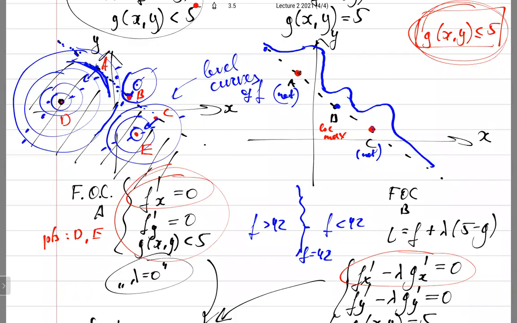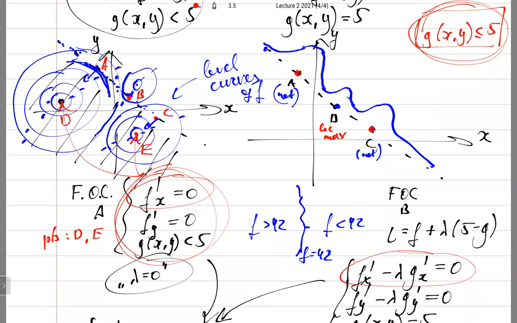If we are searching for internal points, not on the boundary, like in the one variable case, you make f prime equal to 0, and f prime with respect to y equals 0, and we are searching for internal points where g is strictly less than 5. So this is a system to find E and D. Solving this system of equations, you will find point D and point E, because both derivatives are 0 at points D and E.